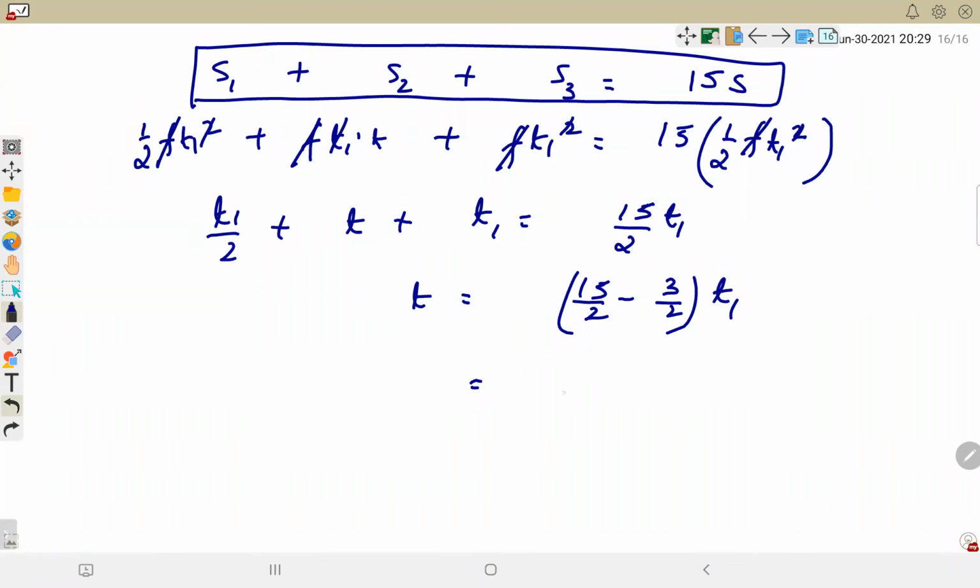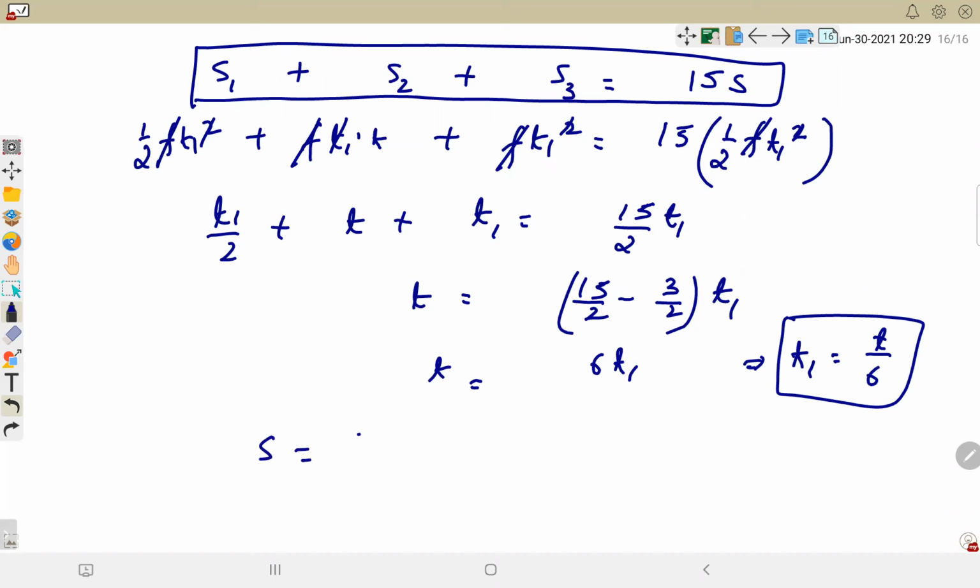So that is how much? 6. So T1 becomes t by 6. Now S, from equation number 1, S is equal to half f T1 square, so half f into t by 6 square becomes f t square by 72.